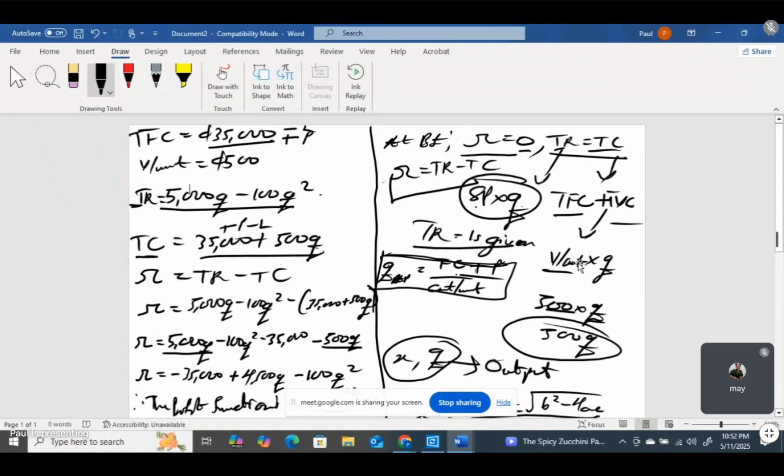You multiply the unit variable cost by quantity Q, so that you get 500Q as your total variable cost. You add your total variable cost to your total fixed cost, and you get your total cost. For profit, profit is equal to total revenue minus total cost.